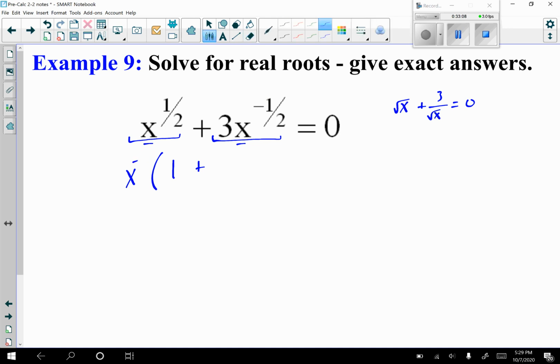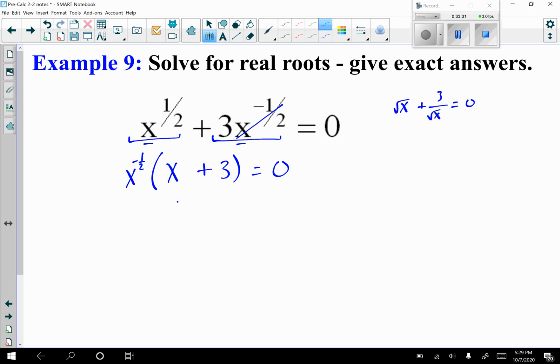Take out the lower exponent, negative 1/2. So what we're really left with here is x to the 1/2, take away negative 1/2, that's x to the first. Plus, here the x to the negative 1/2 is gone, and we just have 3. So lower exponent always, and that one is 1 bigger.